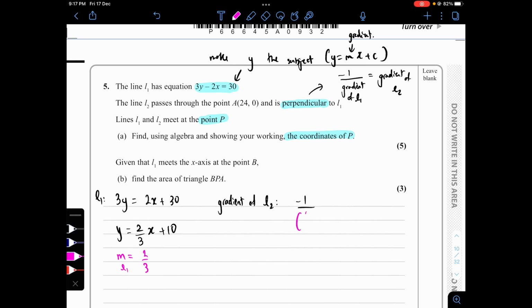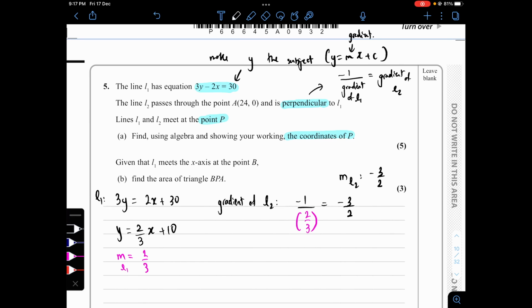So this is equivalent to minus 1 over 2 over 3. We take the reciprocal, so we will get negative 3 over 2. So now we have m of L2 is negative 3 over 2.